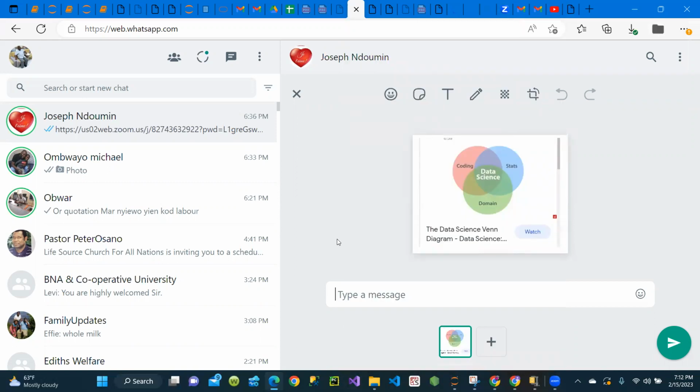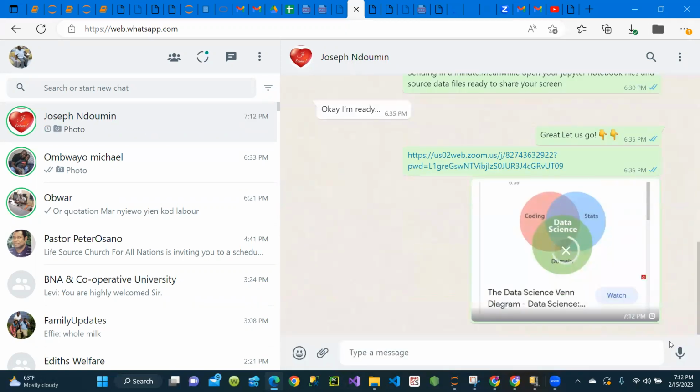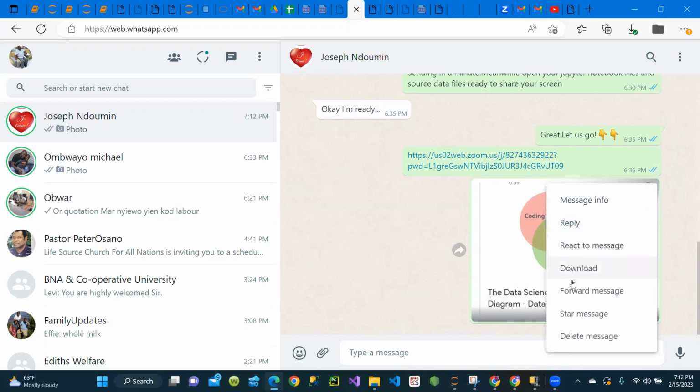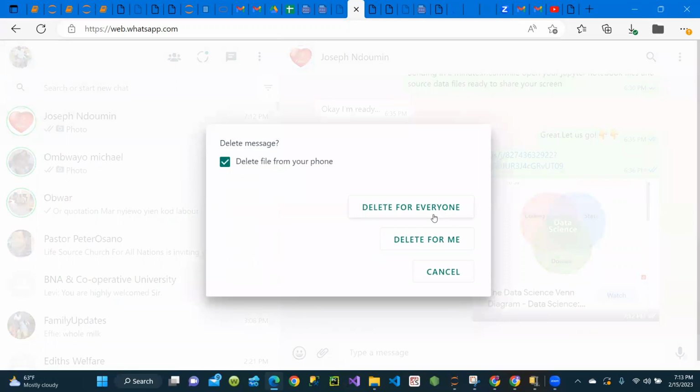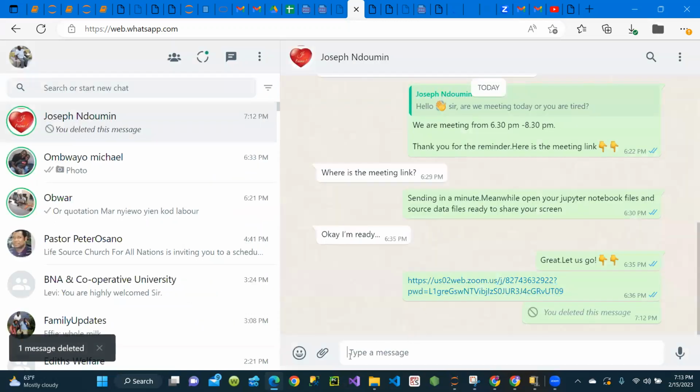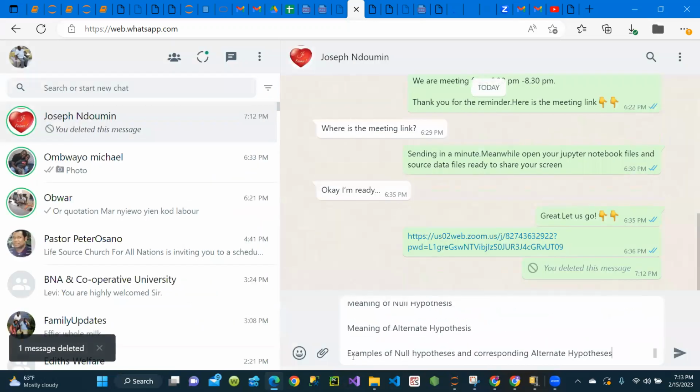Send me this thing first. The Venn diagram. Oh yeah, the reason why I'm not able to share is this. But I didn't want to send you this. Let me delete. I'm not done yet. Delete for everyone. And I think this is the reason why I was not able to paste. Yeah, now I pasted.